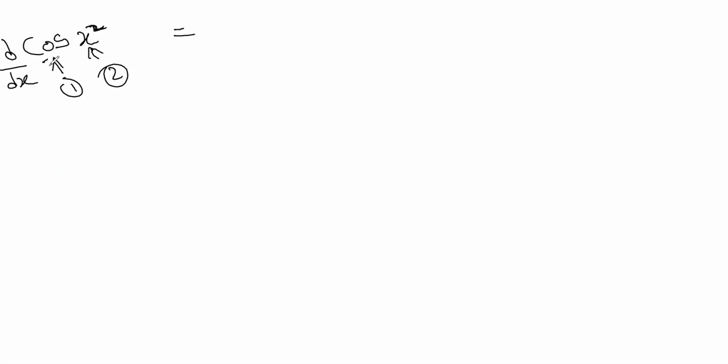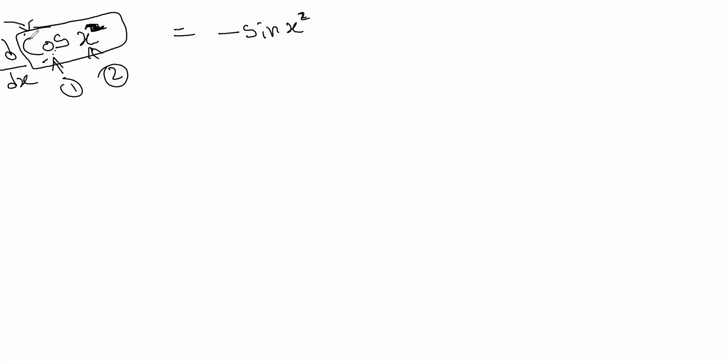First you have to do the differentiation of the outside function, that is cos of this total function. What is the differentiation of cos x square? Just see this cos, that's it. Differentiation of cos is minus sin, so minus sin x square as it is. Now you have to go inside.